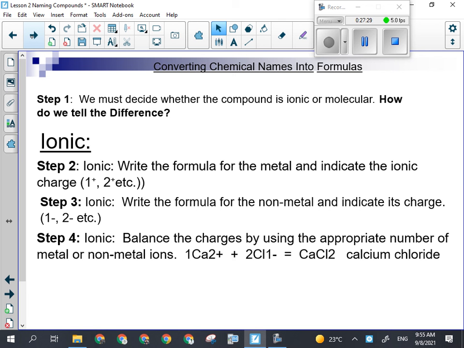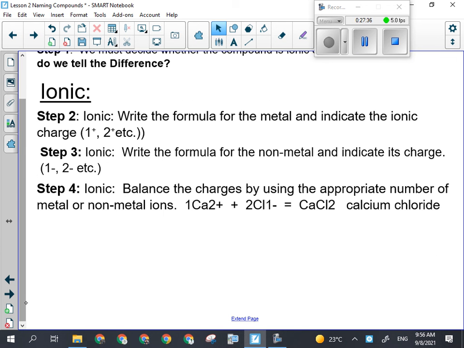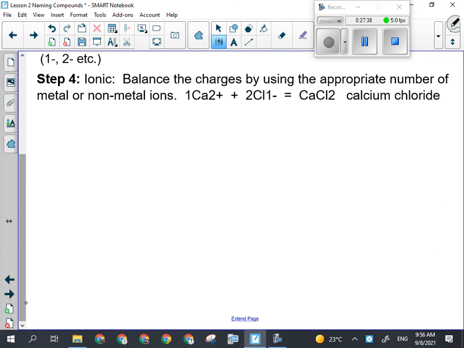And then we write the formula for the non-metal along with its charge, and then we drop and swap in order to balance our charges. So pretty straightforward. If I've got this compound here, let's say sodium sulfide.